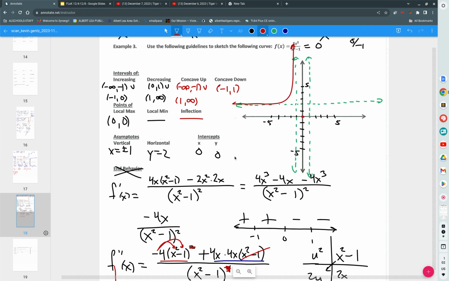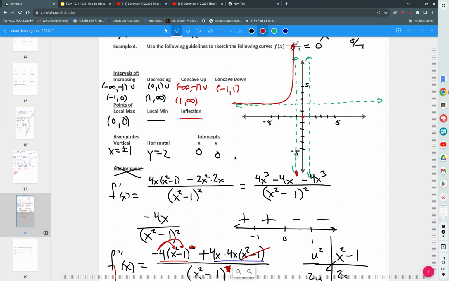Careful to my words. After that, am I increasing or decreasing? You are increasing after that. Notice how it continues to increase. And then, are we concave up or concave down after that? It is concave down, but it is increasing.